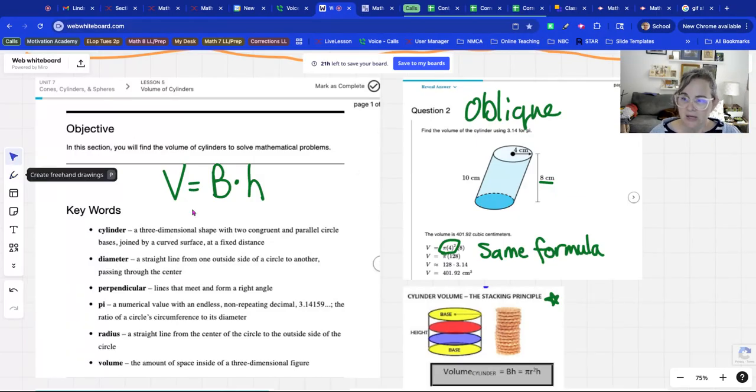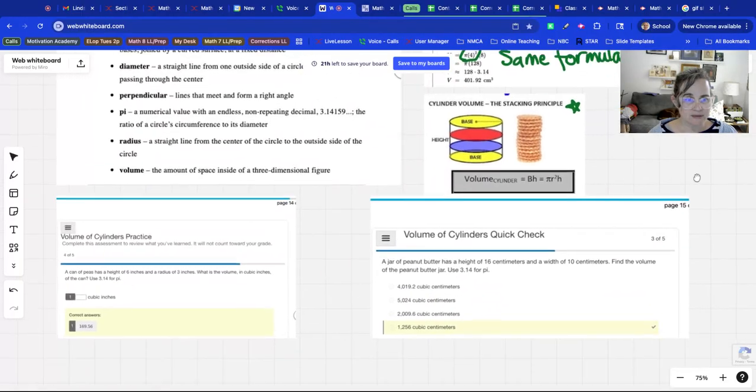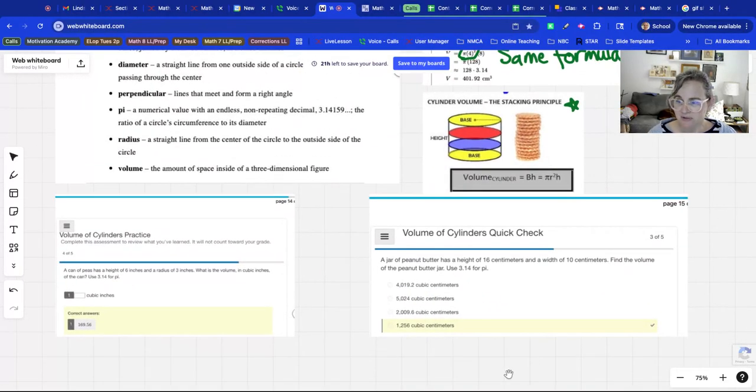As always, we're going to need to make sure that we are using the radius in the formula, not the diameter. So let's give some of these a try. The first one is a can of peas. It has a height of 6 and a radius of 3.